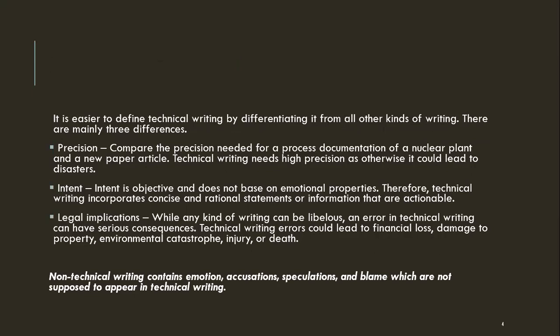It is easier to define technical writing by differentiating it from all other kinds of writing. There are mainly three differences: precision, intent, and legal implications. From these three criteria, we can differentiate technical writing from other types of writing, or non-technical writing.